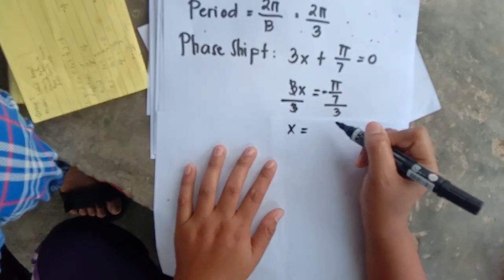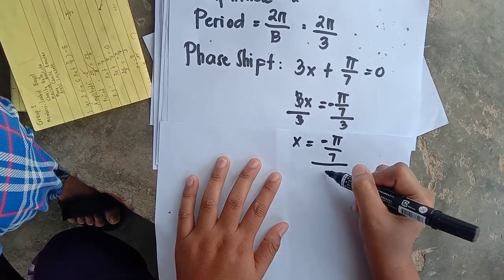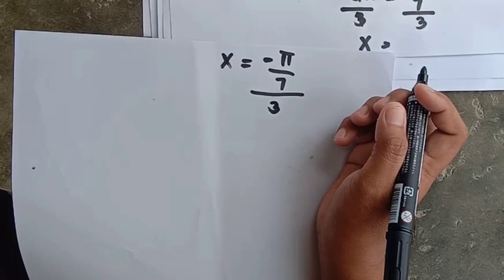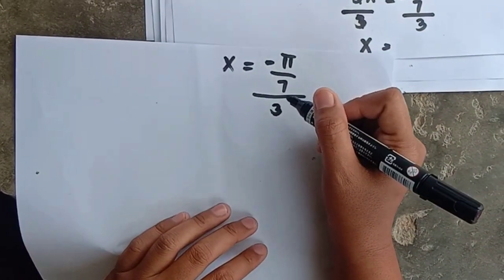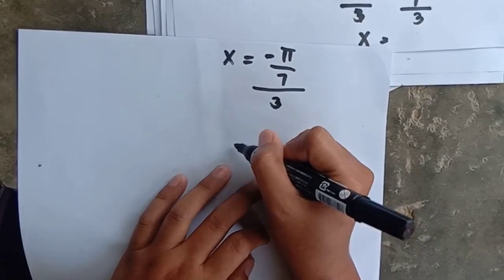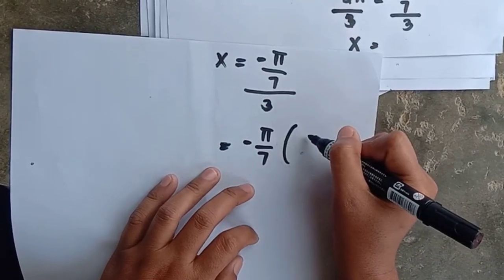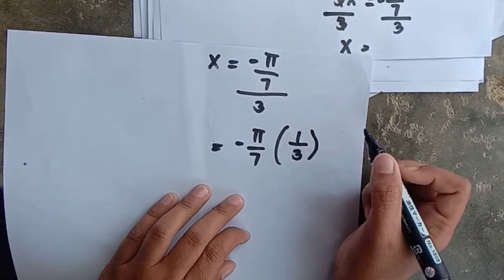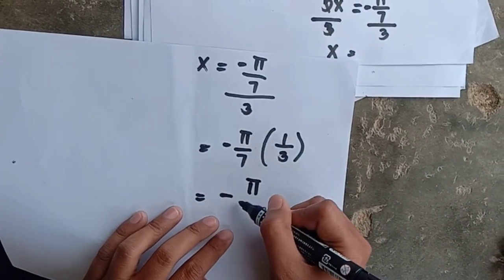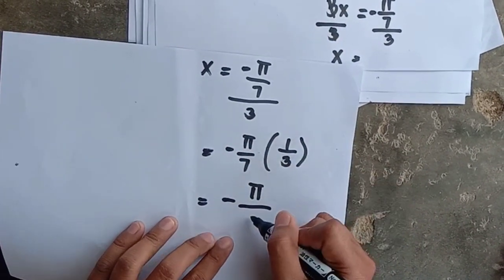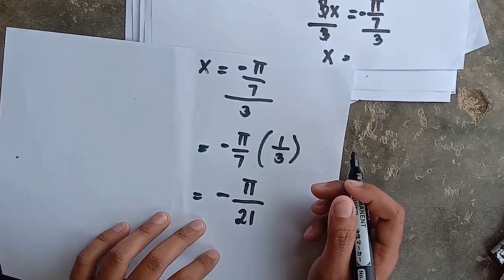X equals negative pi over 7 divided by 3. Then reciprocal the denominator, which is 3, into 1/3, then multiply. So negative pi over 7 times 1/3. So the answer is negative pi over 21, and this is our phase shift.